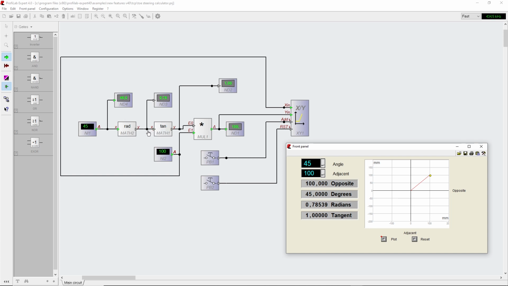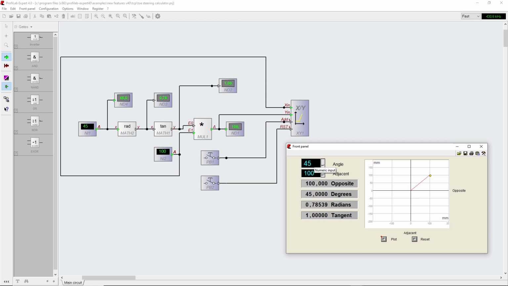So you feed in a value of radians into your tangent, which is a lookup table, and in this case 45 degrees gives you a tan of 1. So 100, which is the length of our adjacent, multiplied by 1 gives us 1.